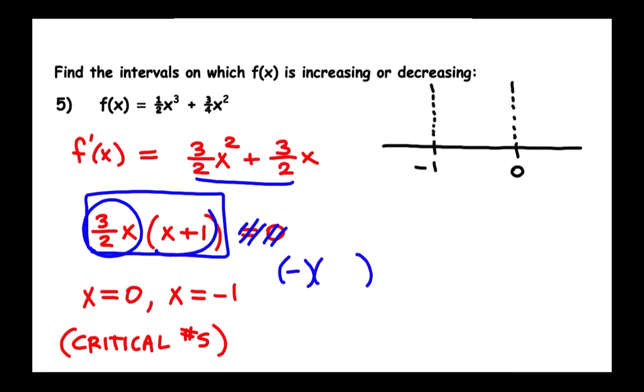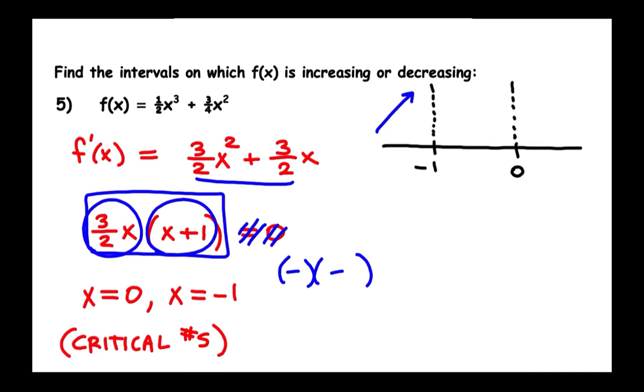A -2 into here will also be negative, and negative times negative is positive. And like we saw in the very last slide, if the first derivative is positive, the graph is rising or increasing. I like to show the graph going up. Some teachers will put a plus sign there instead. I like to show like an up arrow. It just gives me more of a visual effect, and I think that's kind of cool.